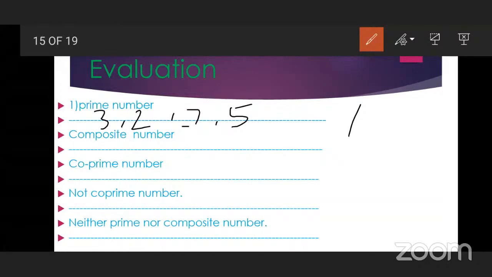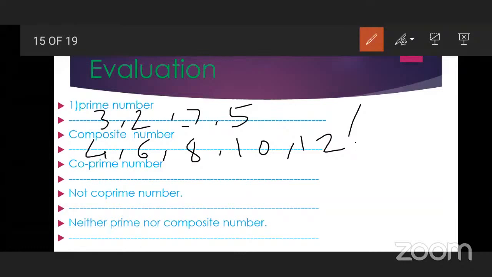Examples: 4, 6, 8, 10, 12, like this. These are the numbers which fall into the category of composite numbers because these numbers have more than two factors.